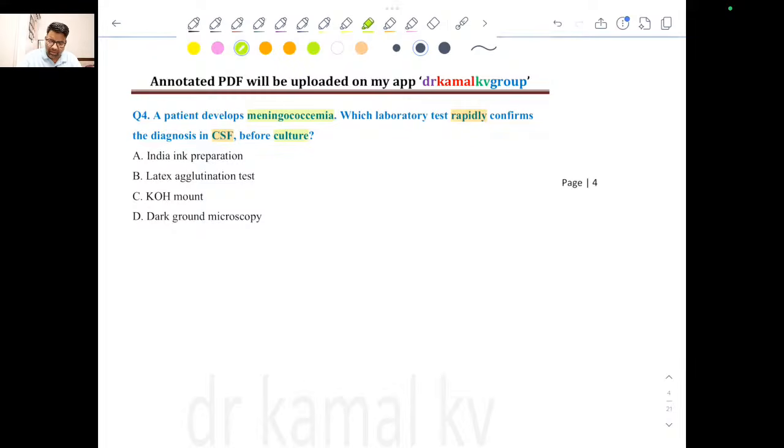So, here there is a case of meningococcemia, okay, and then a CSF test which will help us in diagnosing even before going for culture.